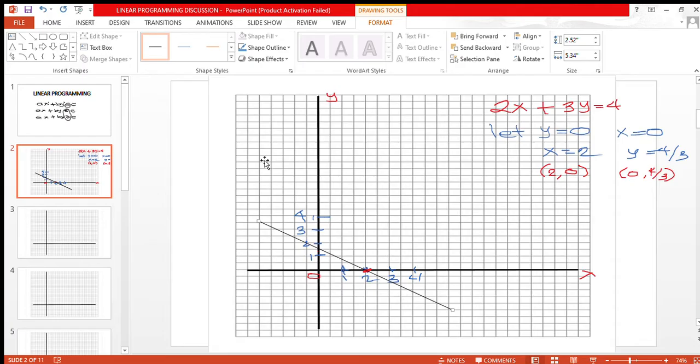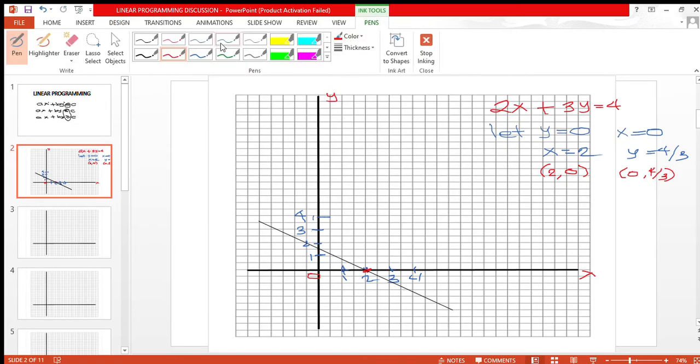Next, the question is, if we will now try to modify our equation and convert it to an inequality.